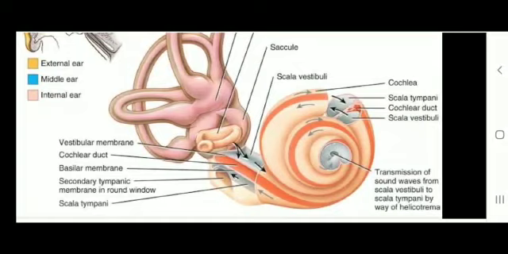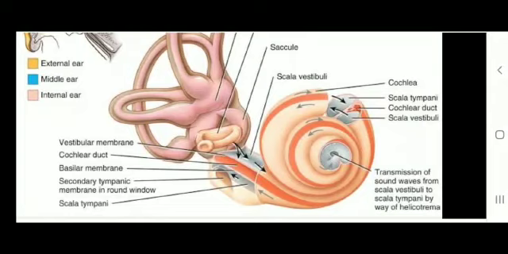These two membranes divide the cochlea into the scala vestibuli, the scala tympani, and the scala media. You can see these in the diagram.